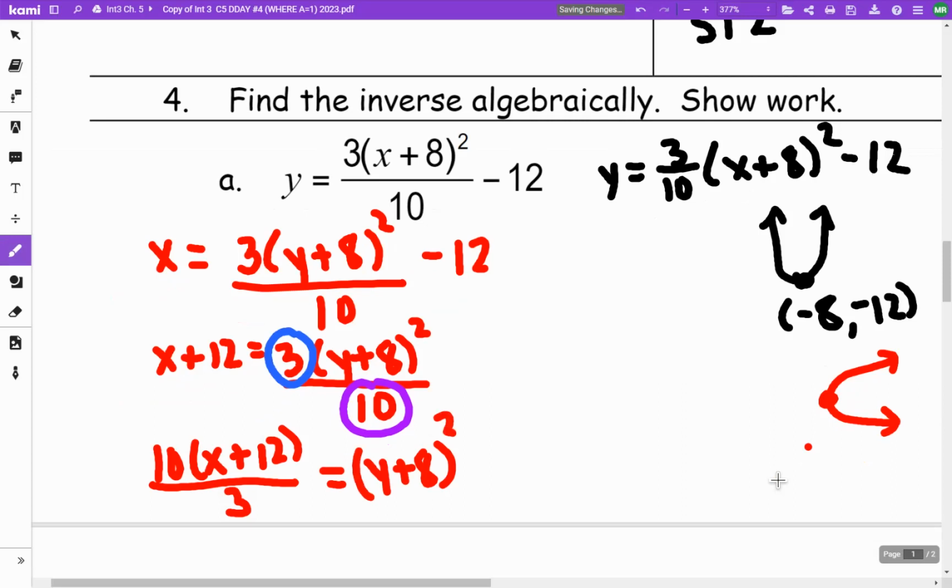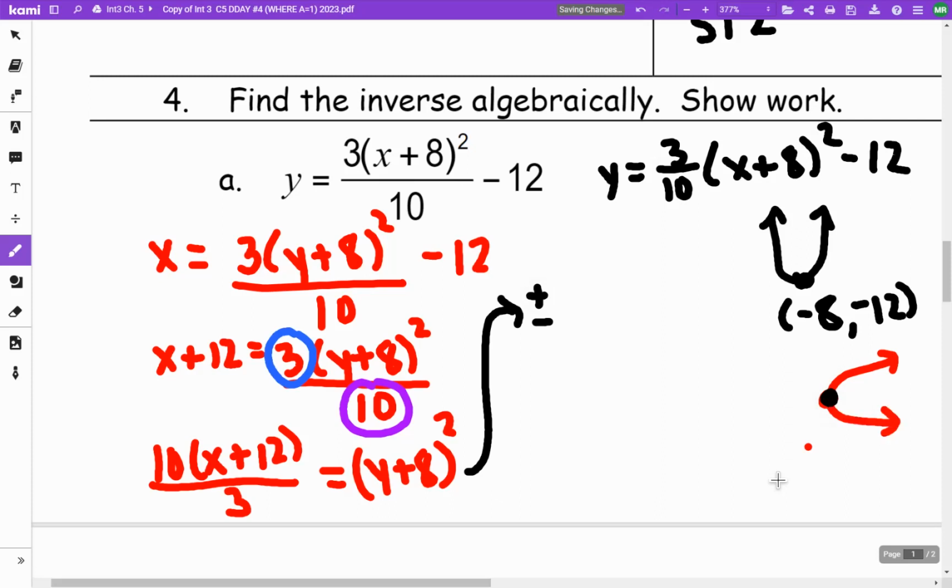My next step, I'm going to square root to get rid of the square. Now, when I square root, I always get a positive and a negative. That's how I'm going to get the positive branch and the negative branch of this sideways parabola.